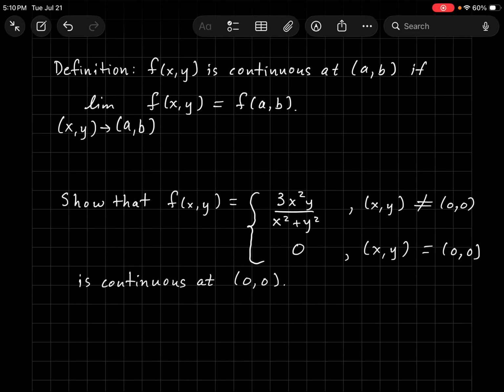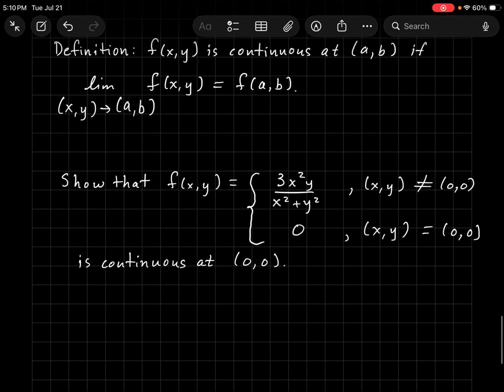So let's show that f of xy, defined piecewise as 3x squared y over x squared plus y squared when xy does not equal 0, 0, and defined as 0 at xy equals 0, 0, is continuous at the point 0, 0.